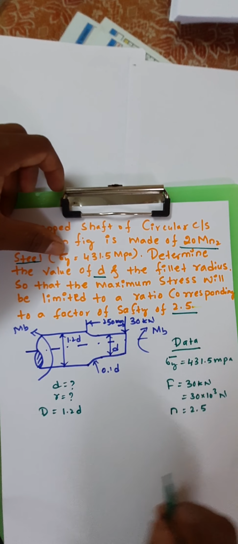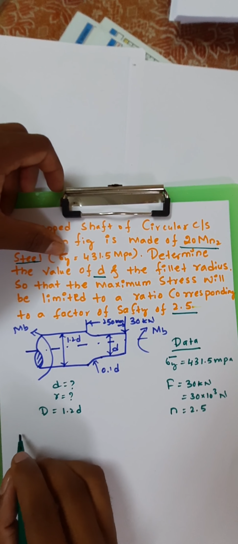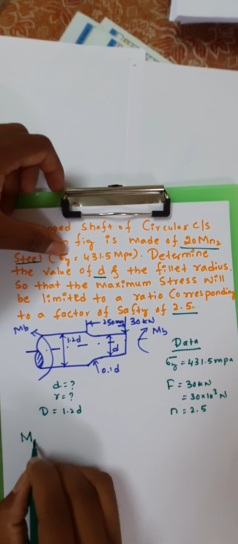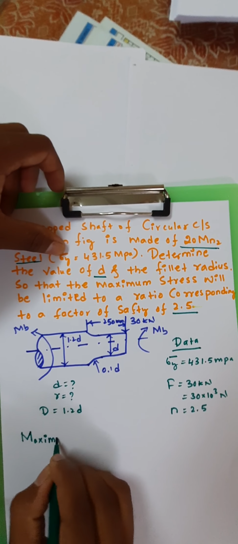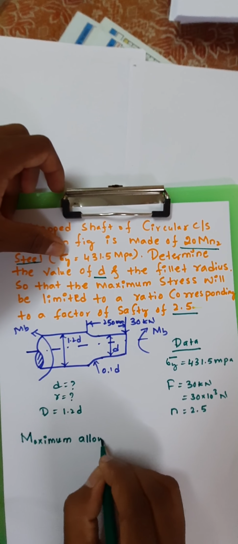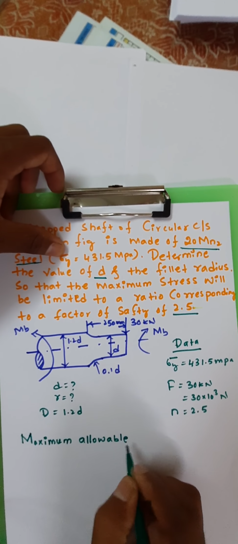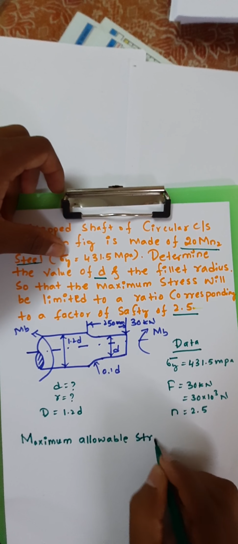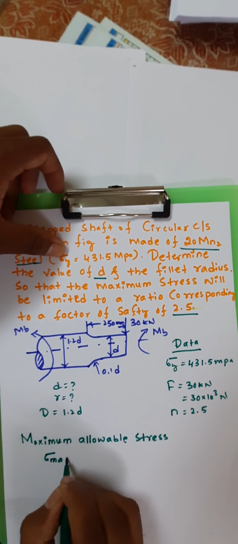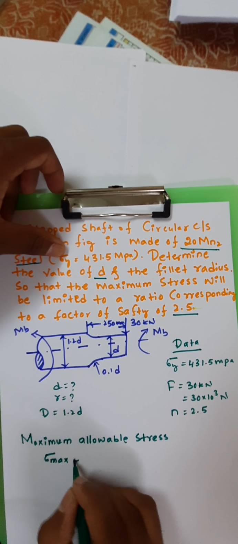Now first we need to find out the maximum allowable stress. Sigma max is equal to, what is the formula?